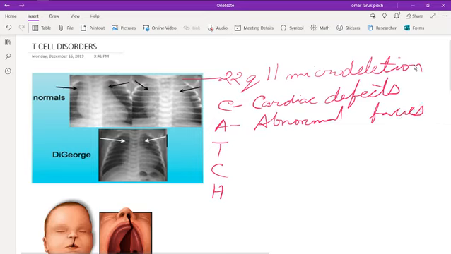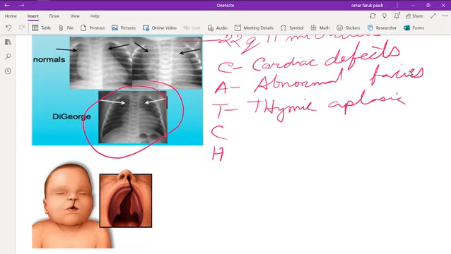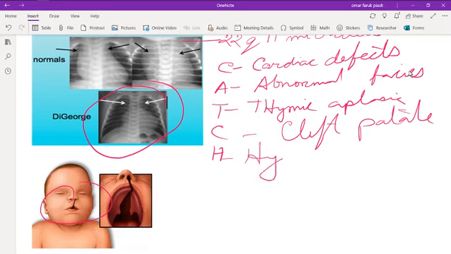There is thymic aplasia, and this is the X-ray of thymic aplasia, and this is the baby with abnormal faces. And there is cleft palate, and there is hypocalcemia.